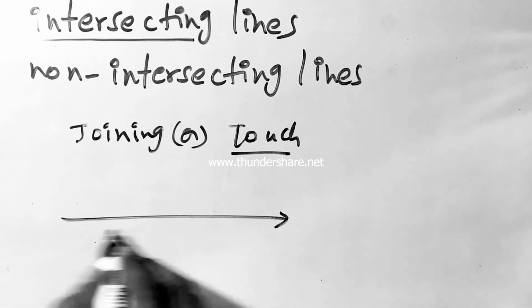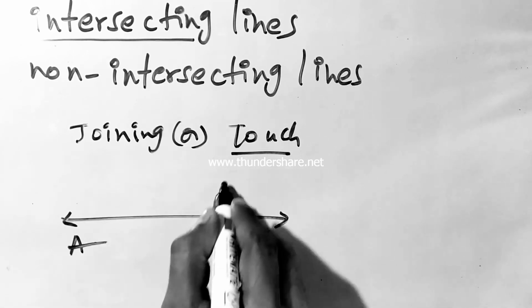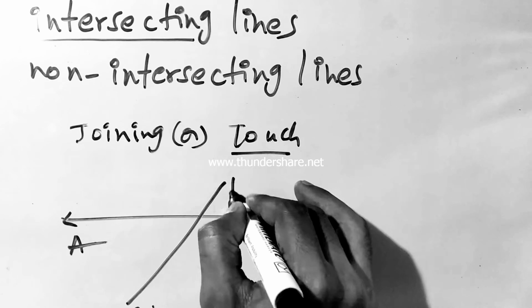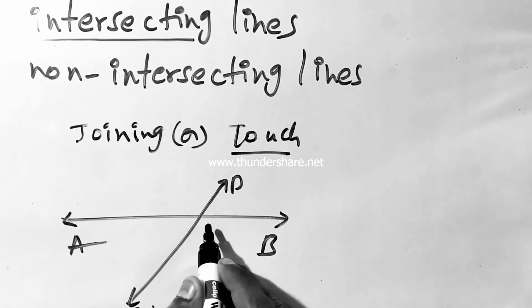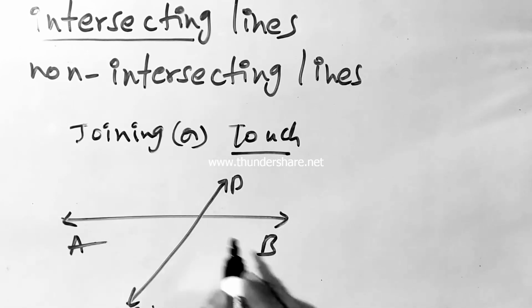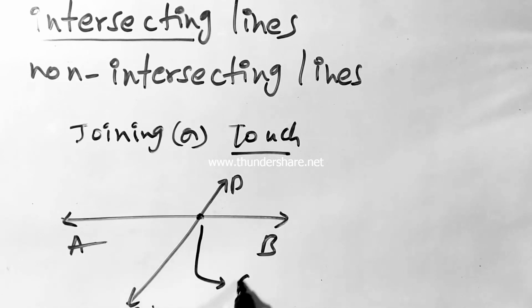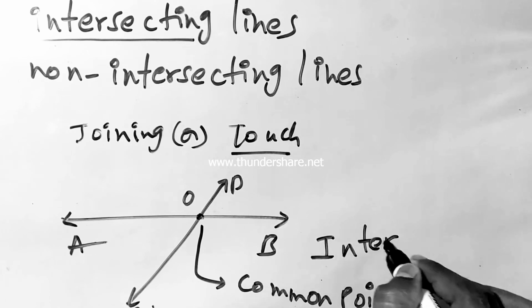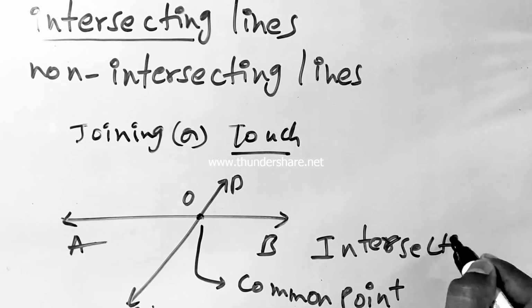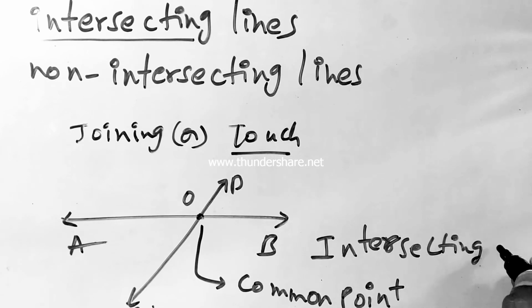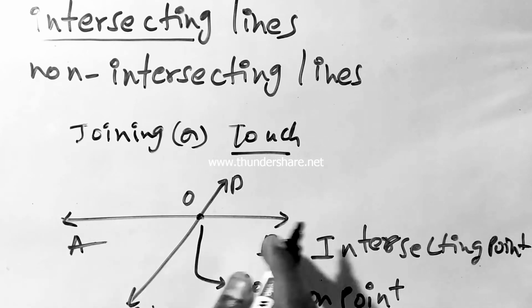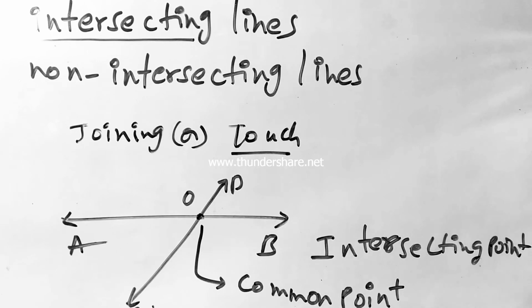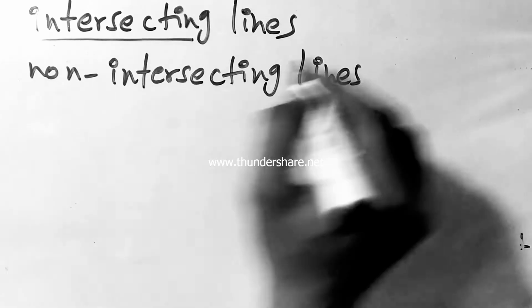Here AB is a line and CD is another line which is crossed or touched with the line AB. This is a common point. Let us call it O, the common point, or we can call it the intersecting point, because at the intersecting point two lines touch each other. That is intersecting lines.